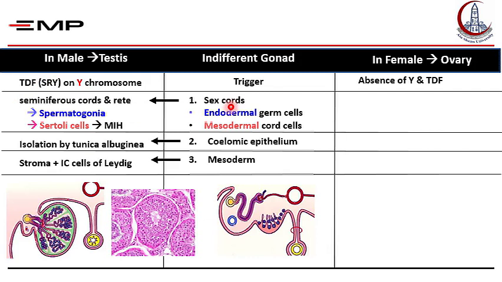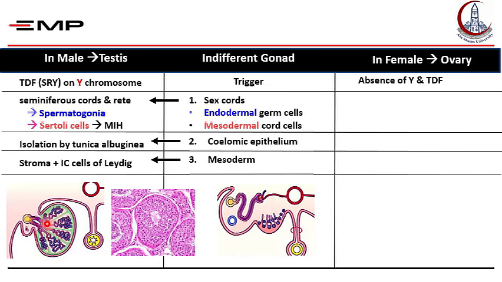The sex cords separate from the germinal epithelium, from the coelomic epithelium, I'm sorry, by a thick fibrous layer called tunica albuginea. They will form seminiferous cords that will branch and anastomose, giving a network called rete testis.